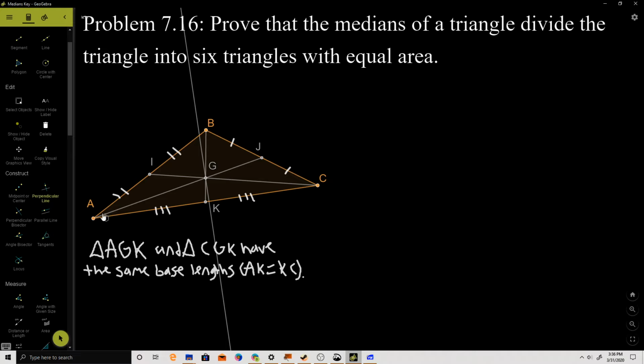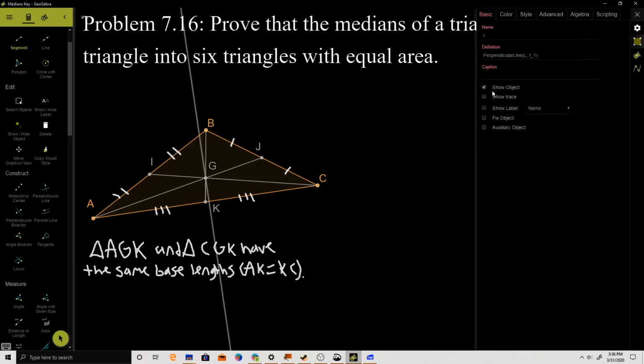Because your altitude, or height, has to have that measure of 90 degrees when it crosses the base.